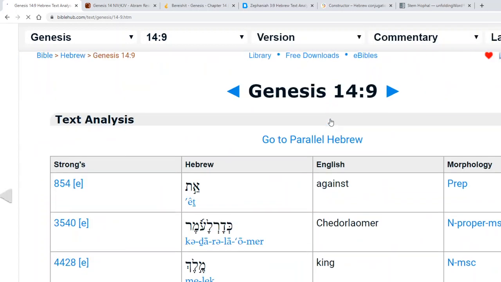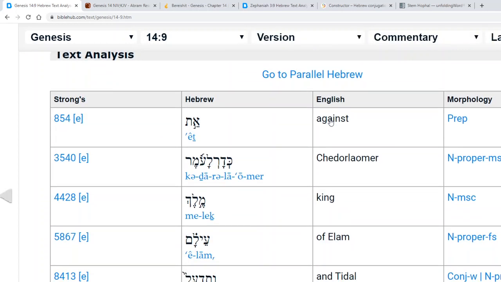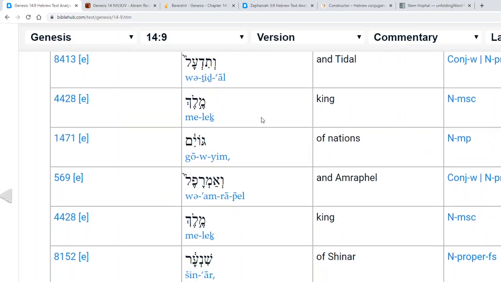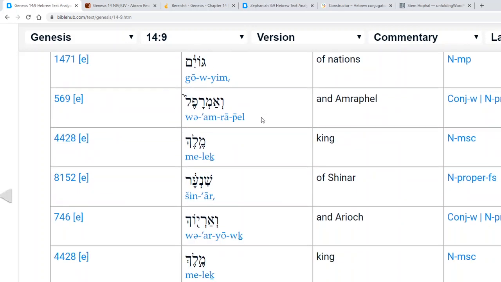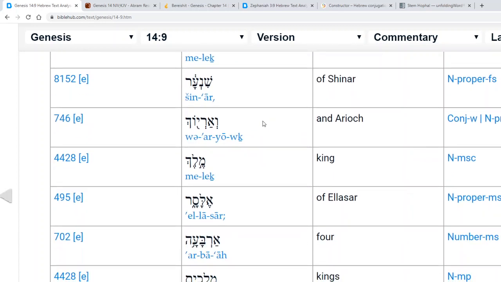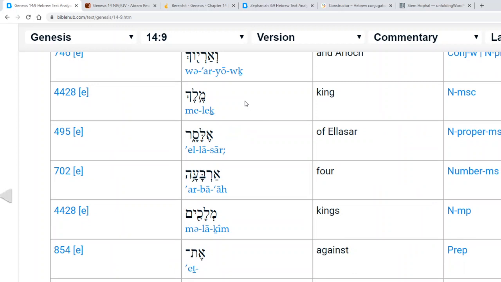Okay. Et Kedar Laomer Melech Elam V'tid'al Melech Goyim V'amrafel Melech Shinar V'aryoch Melech El Asar Arba Melachim Et HaChamisha.